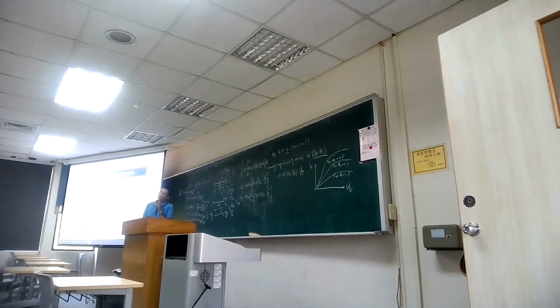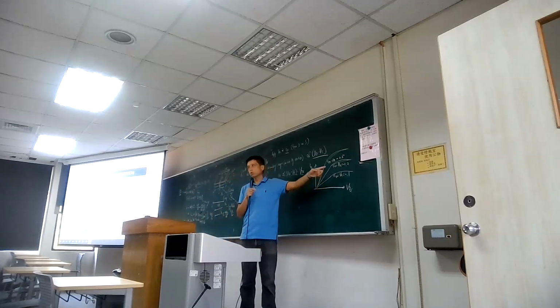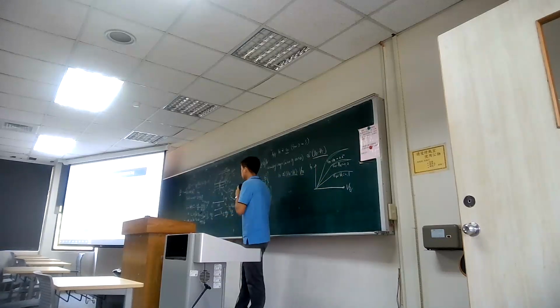Okay, so you can consider if your VDS is really small in comparison with VGS minus VT. For instance, if your drain voltage is just 1 volt, your VGS minus VT can be 5 volts. Maybe you can get rid of the second term because it will be relatively small in comparison with the first linear relationship. But if your VDS is large enough, you get certain saturation behavior.